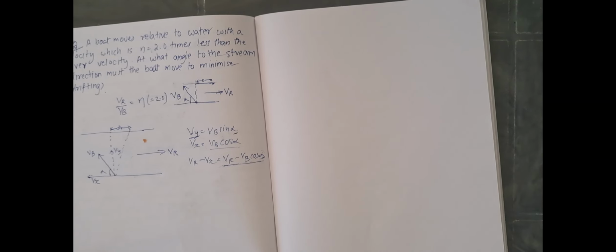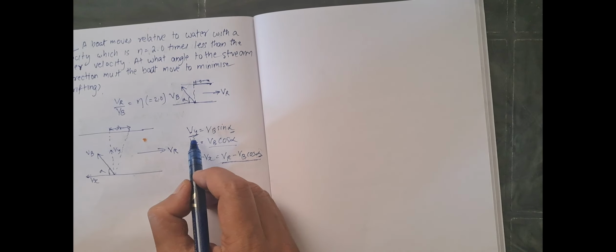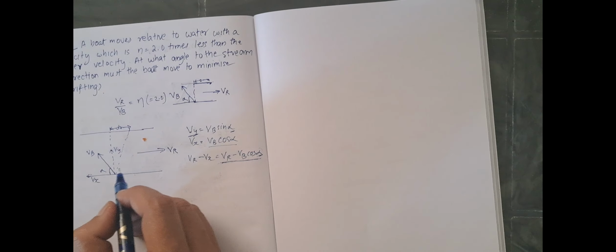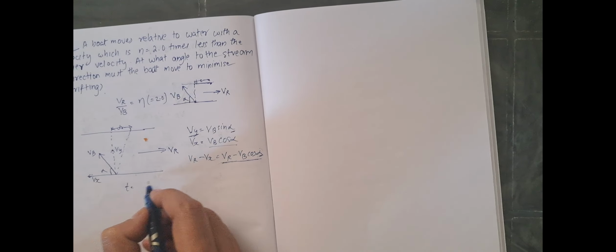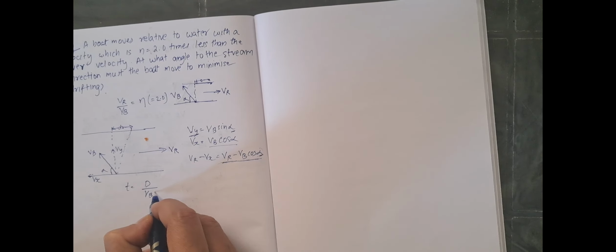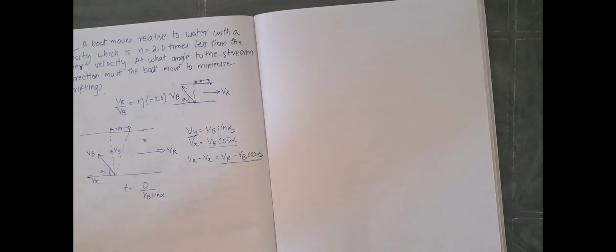So in this case, we have to find out the balancing angle at which the drifting is the minimum. We already know that Vy is equal to Vb sine alpha. What is the time taken? Say d by Vb sine alpha.